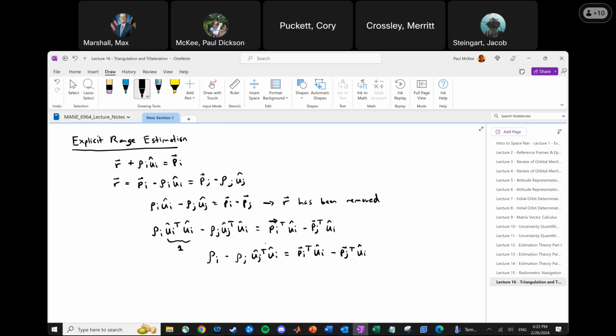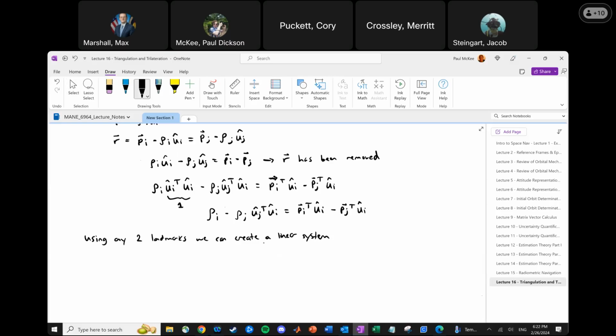So using any two landmarks, we can create a linear system. And that's going to look like this.